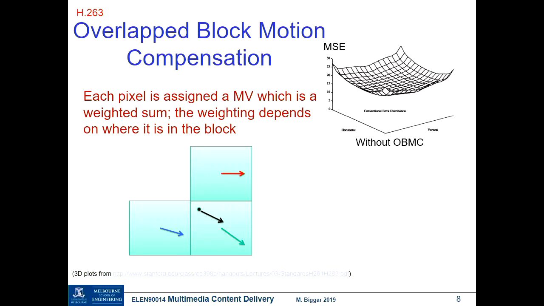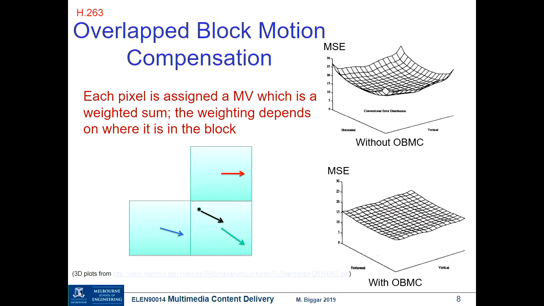You see those peaks in the three-dimensional graph. When we do this overlap block motion compensation trick, then it tends to flatten out. So the error tends to be approximately equal, independent of the location of the pixel.